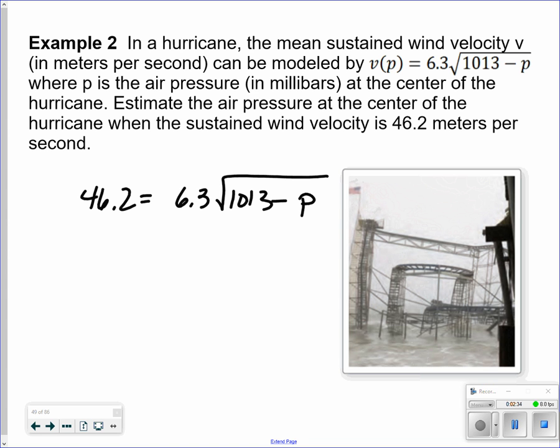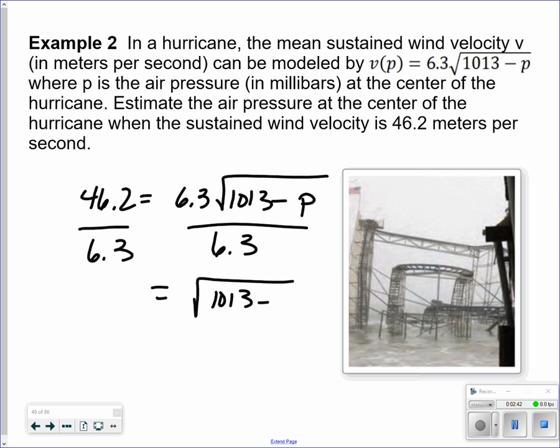So how would I go about solving that? Well, I need to isolate the radical. So I'm going to have to divide by 6.3. 46.2 divided by 6.3, I get 7.3 repeating. And then square both sides.